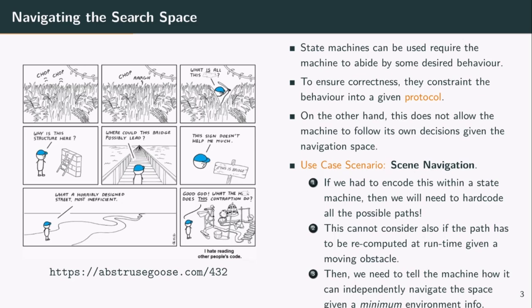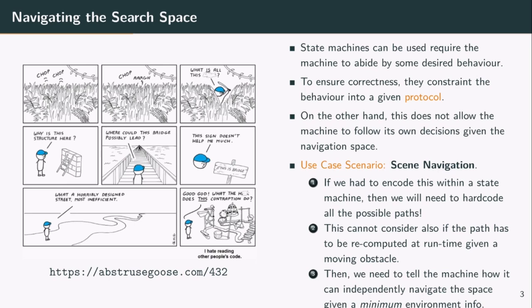And the other problem is that you could use these kinds of graphs even dynamically. If you have an obstacle obstructing the path, you could update the graph dynamically. But if you're using a state machine, then often you are not assuming that the structure is updated dynamically. It's always statically implied.